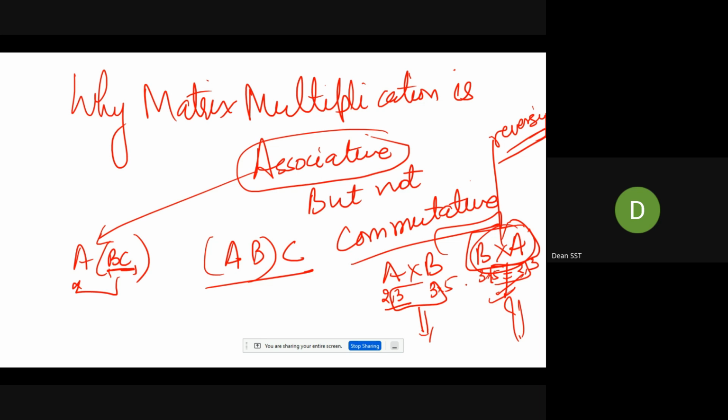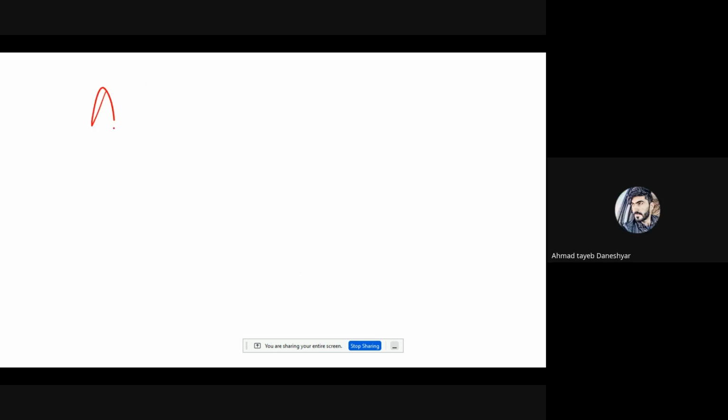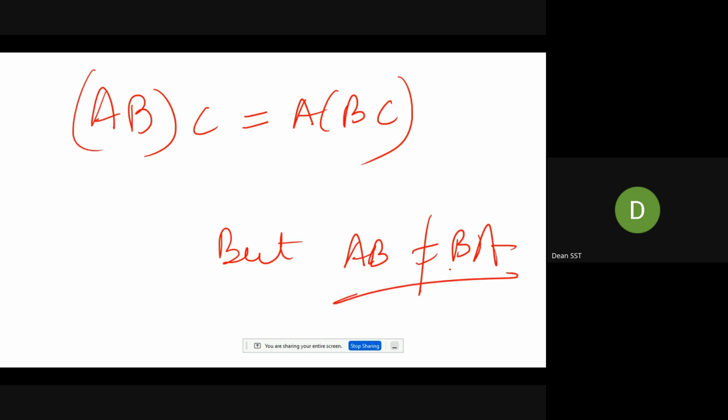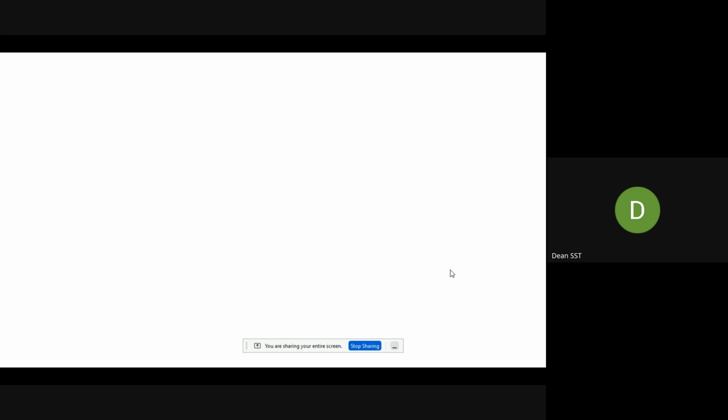So how can it be commutative? So matrix multiplication is associative but not commutative. Is it clear? We can say ABC is equal to ABC, but AB is not equal to BA. Is it clear?